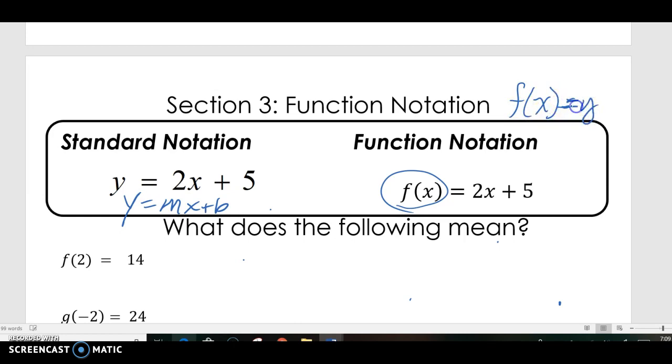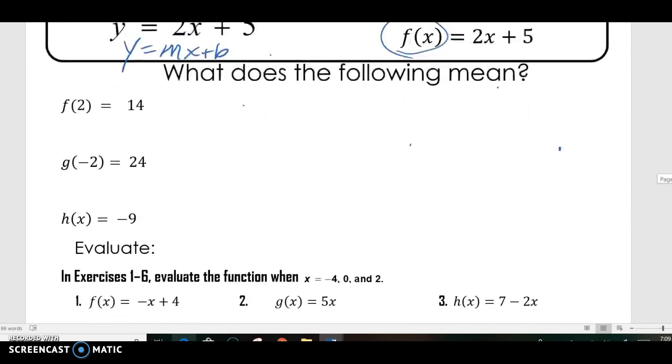So f of x is equal to y. Notice it doesn't change the rule for the function. Also keep in mind that f can be replaced by other variables, like you'll often see g of x, h of x, or a couple of other variables in place of that.